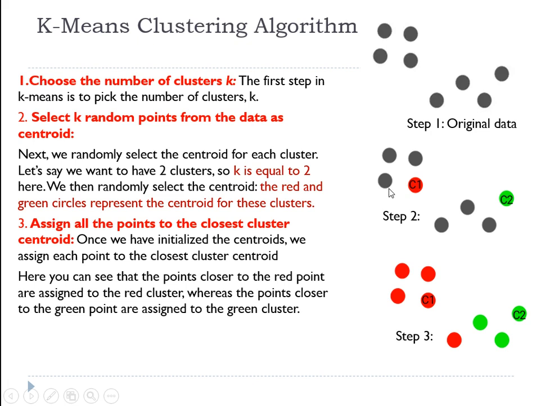After doing the calculations, you will see that the distance from here to here, or here to here, will be less as compared to the distance of this data point with respect to C1. So this data point is closer to C2 and not C1. And therefore, this is one cluster, this is another cluster.